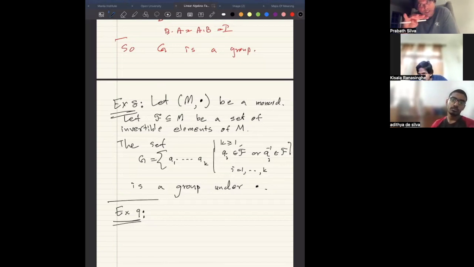How about we just consider all the invertible elements of a monoid, right? And does that form a group?